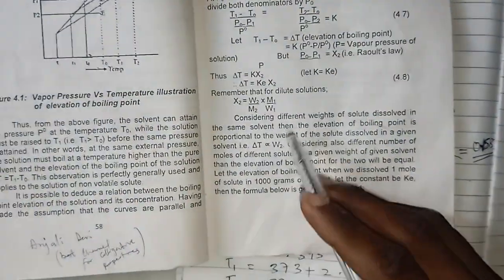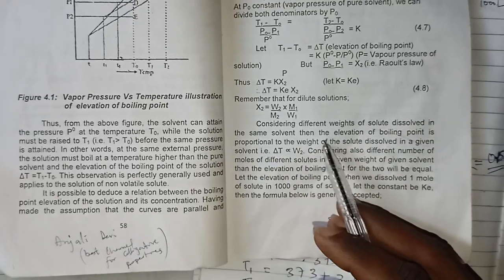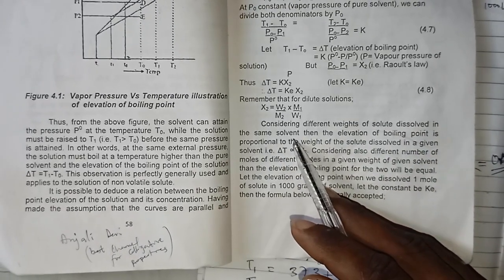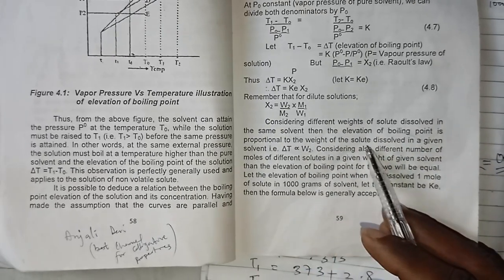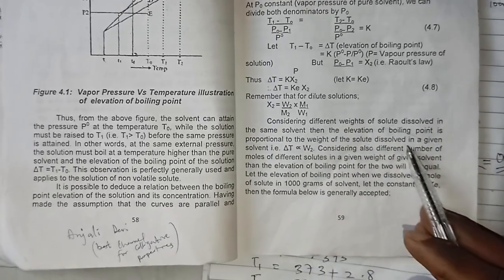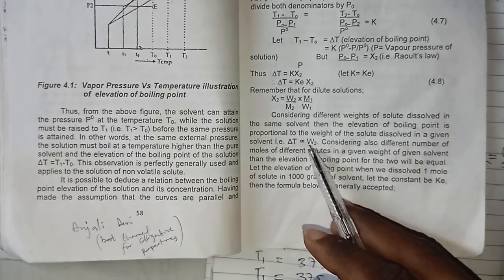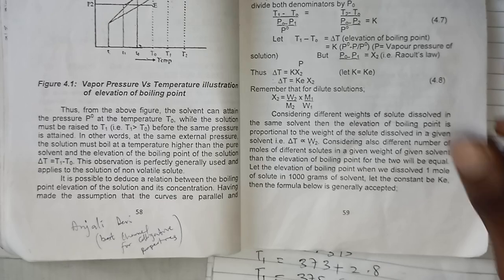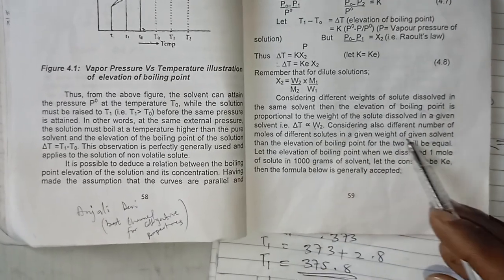I said, considering different weights of solutes dissolved in the same solvents, then the elevation of boiling point is proportional to the weight of solutes dissolved in a given solvent. That is change in T directly proportional to W2. Then they say consider the number of moles of different solids in a given weight of given solvent.